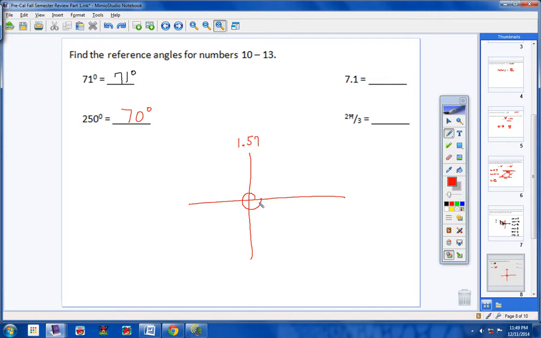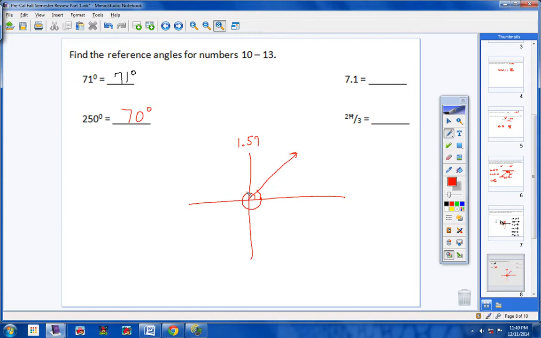Well, let's see. To here. And that's going to be 0.82.